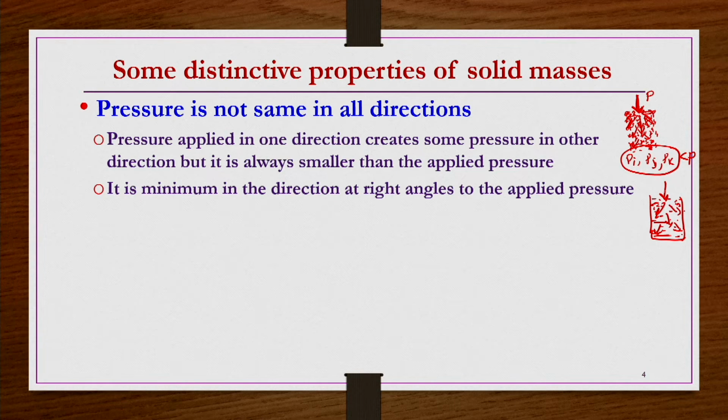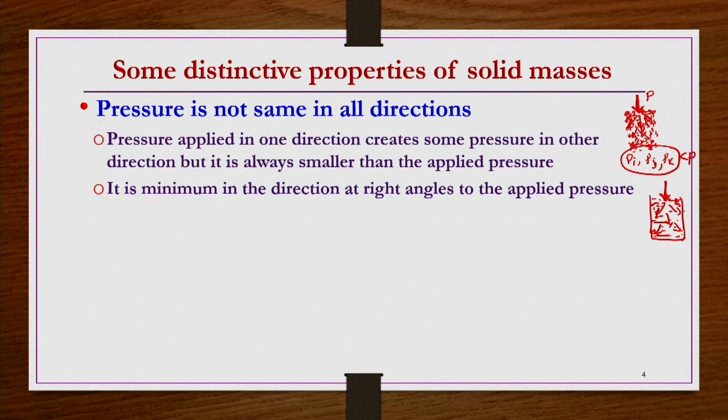However, in each direction the pressure that is distributed or transferred is smaller compared to the applied pressure P. But in which direction would it be minimum? If you are applying pressure in this direction, then in the normal direction, at right angles to the applied pressure, it is going to be very much smaller.